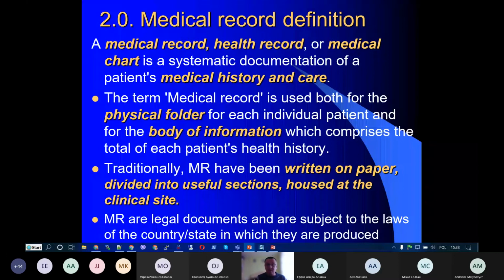For hundreds of years, medical records have been written on paper, divided into useful sections, and housed in clinical sites or doctors' offices. And what is important to remember is that medical records are legal documents and are subject to the laws of the country and states in which they are produced.